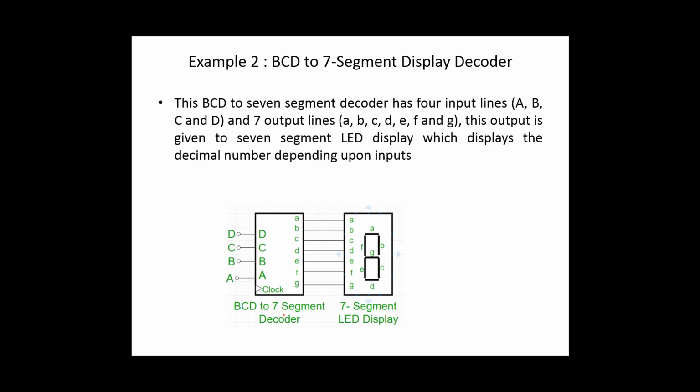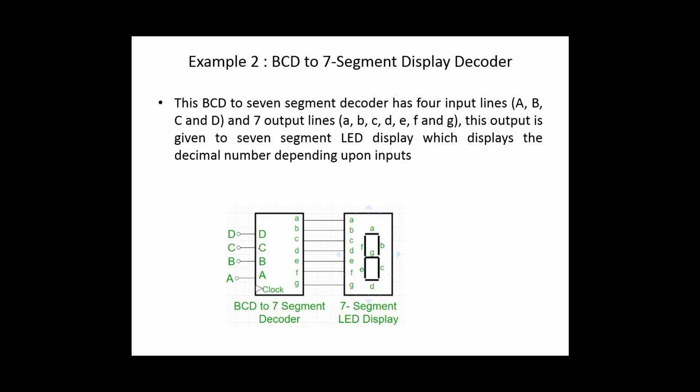So this BCD to 7-segment decoder has 4 input lines A, B, C, D, and 7 output lines A, B, C, D, E, F, and G, and each of the output lines is connected to an individual LED of the 7 segment display.